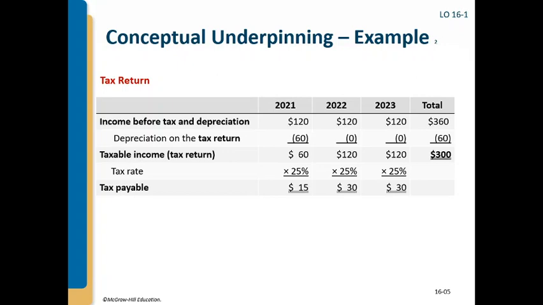In year 1 it is 60, but because you get no tax benefit in 2 and 3, notice that compared to financial accounting, in year 1 taxable income is $40,000 less, but in year 2 and 3, each, it's $20,000 more for 2 years.